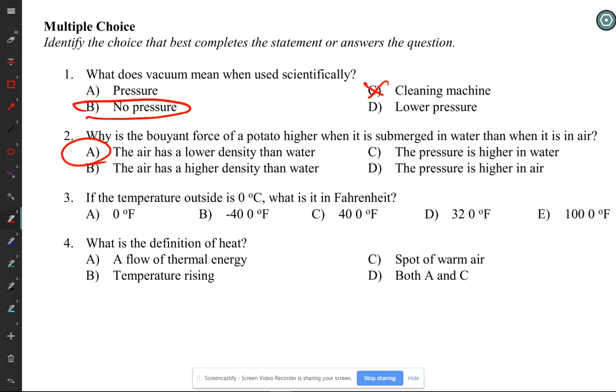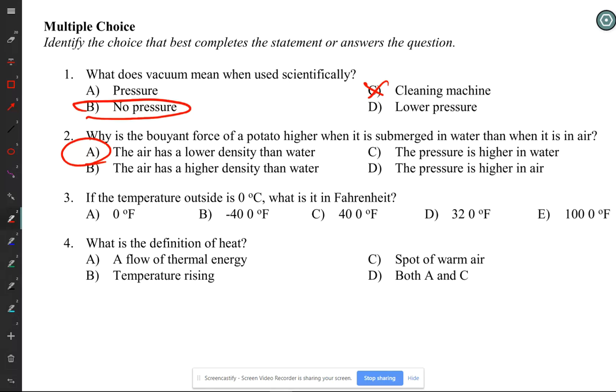Yes, but also the pressure in water is higher than air. I'll address that. You're partially thinking right and then partially wrong. So in the end, if they had the same density, the buoyant force would be the same as the downward force, because it would displace water equal to its volume and it would weigh the same.